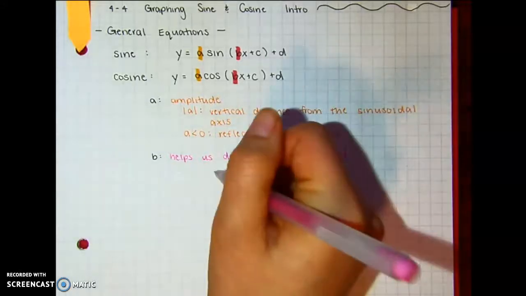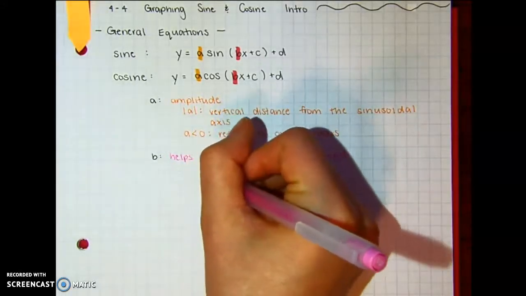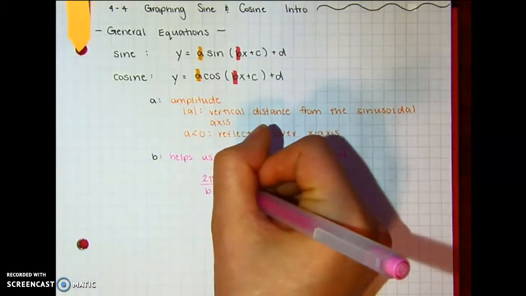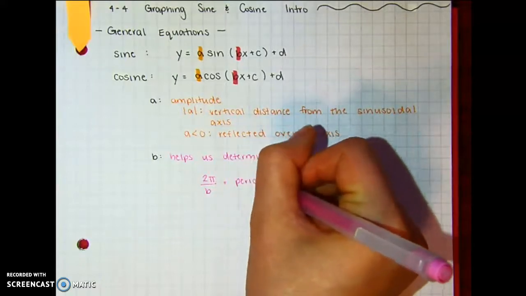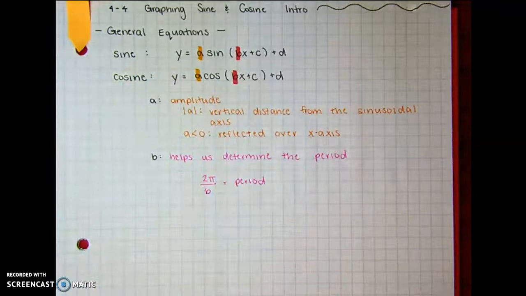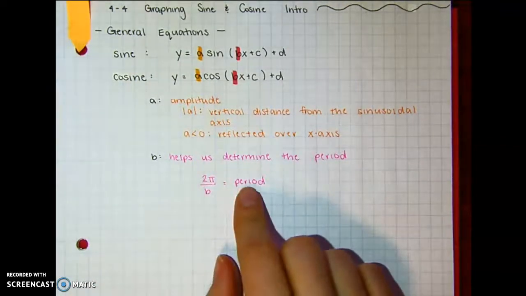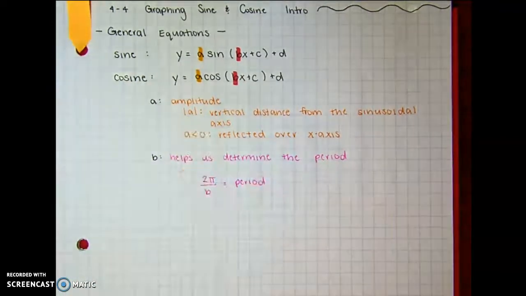And the formula for period is 2 pi divided by B. And I'm going to go over a visual of what period is and what amplitude is as well.